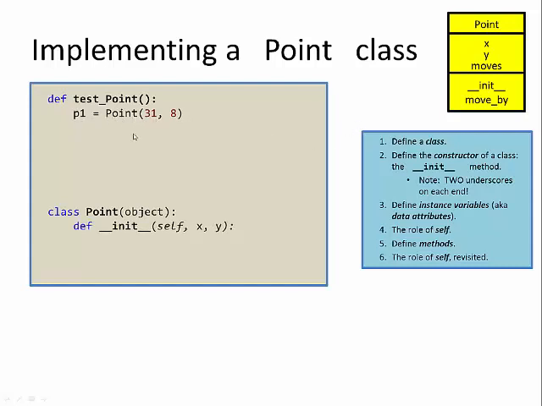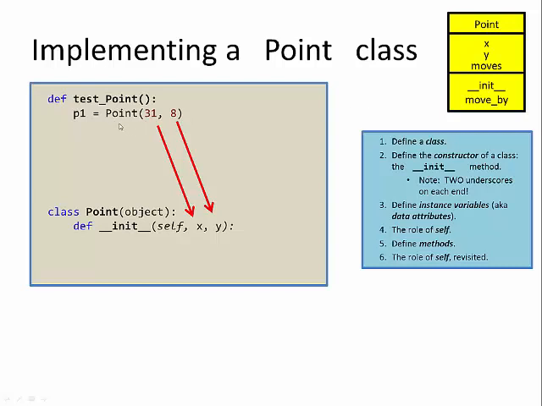As we just said, when this expression, point of 31, 8, runs, then this underscore, underscore, init, underscore, underscore function runs. It has self as its first parameter. We're going to talk about that shortly. And I'm now extending it to have an x and a y argument for that 31 and that 8. So the 31 goes in for x, and the 8 goes in for y in the usual way.